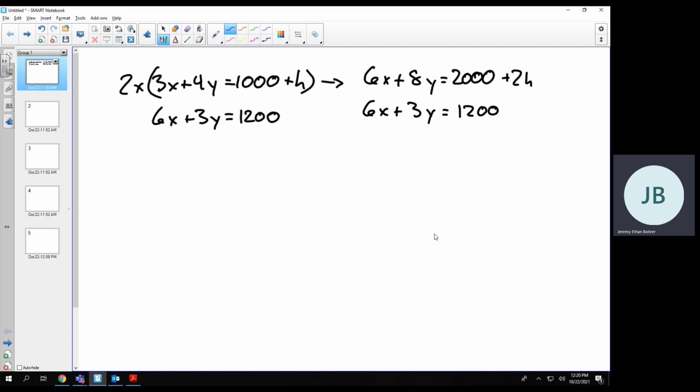And we subtract. So we're left with 5y equals 800 plus 2h.